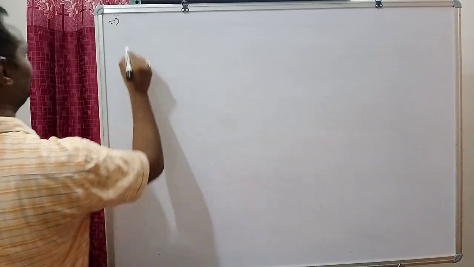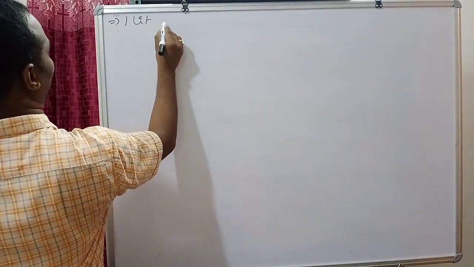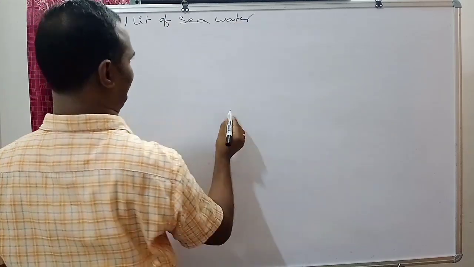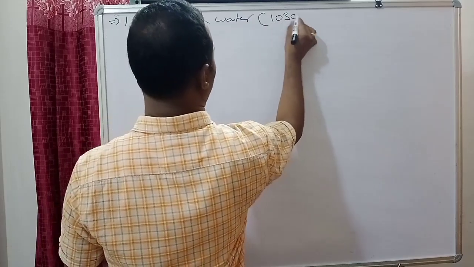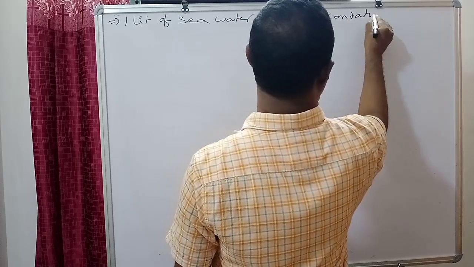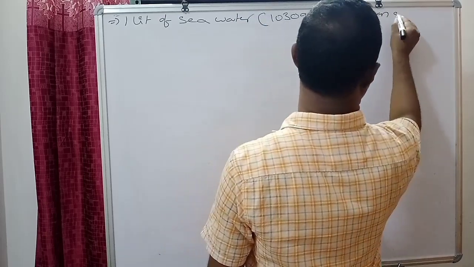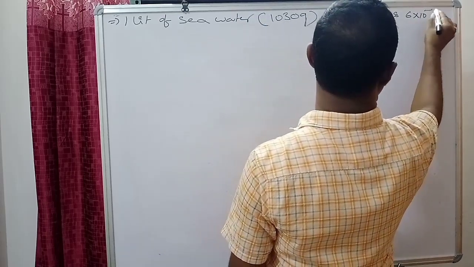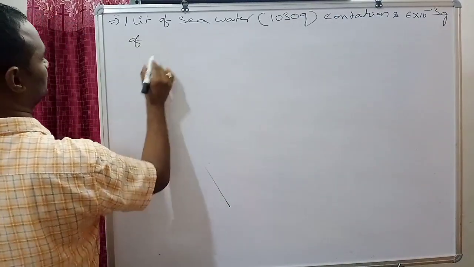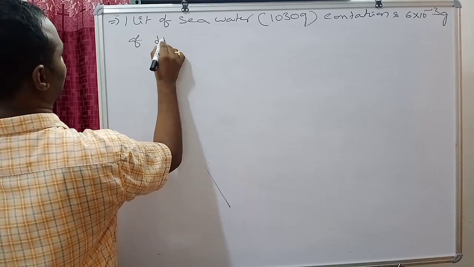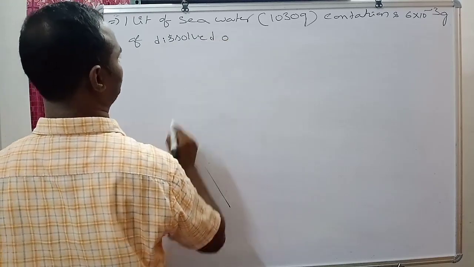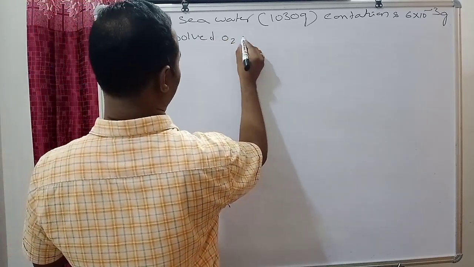NCERT related point. 1 liter of seawater which weighs 1030 grams contains 6 into 10 to the power minus 3 grams of dissolved oxygen.